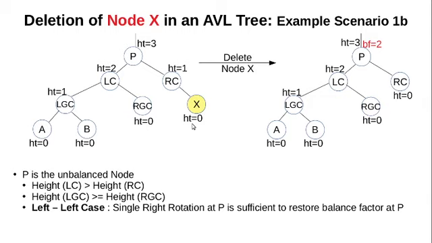As earlier, the HT over every node shows the height of the node. The height of node P is 3. As discussed, we find and delete the node X as per the BST delete procedure, and the resultant tree is shown on the right.